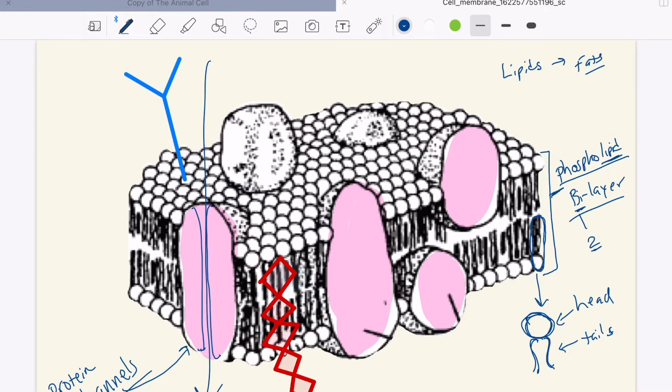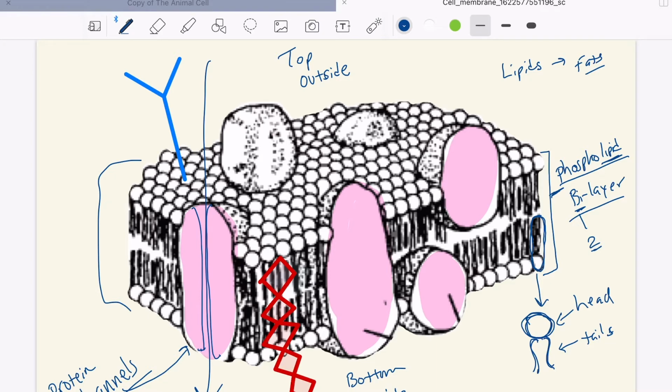Whenever you're looking at this fluid mosaic model, know that the top is the outside of the cell and the bottom is the inside of the cell. And you'll have a better picture of this in a second.